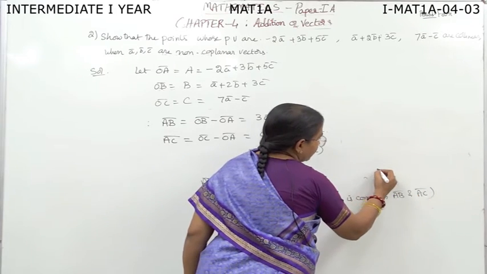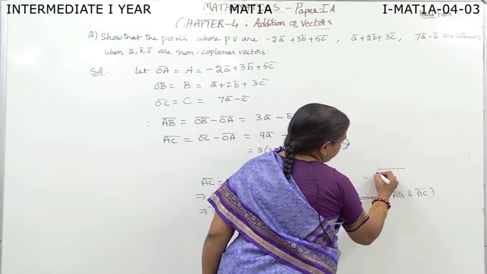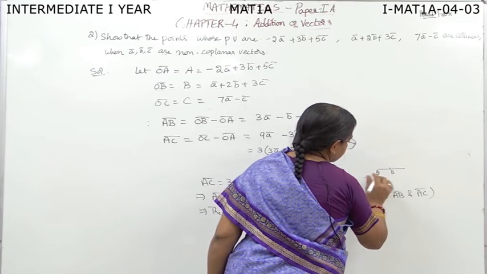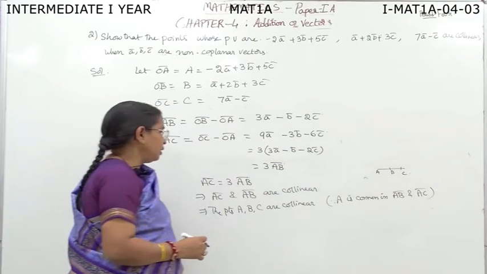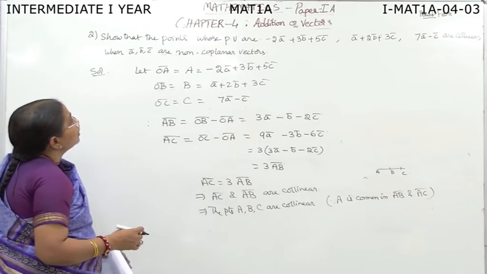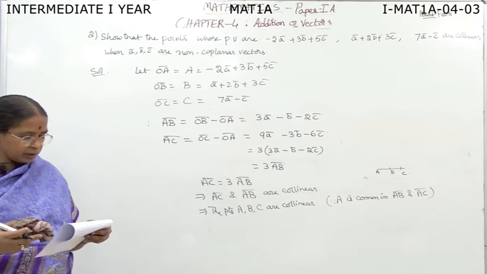So you have AB and AC in the same line like this. So the 3 points A, B, C are collinear. Like this we prove.